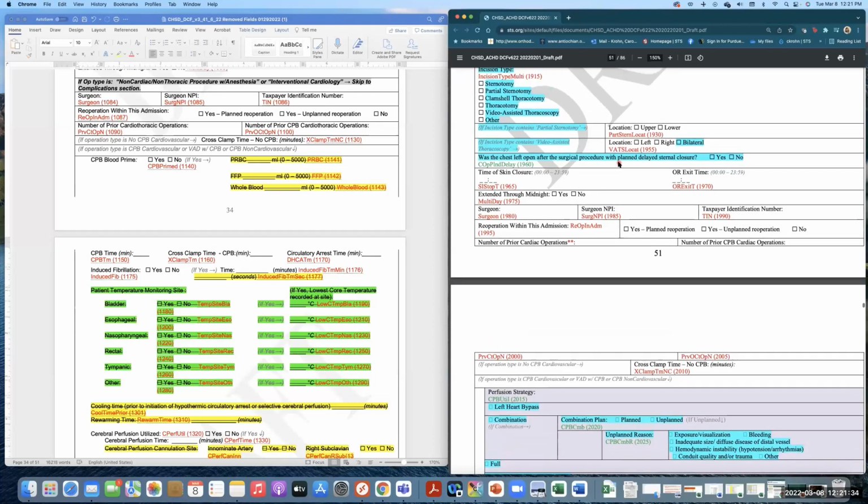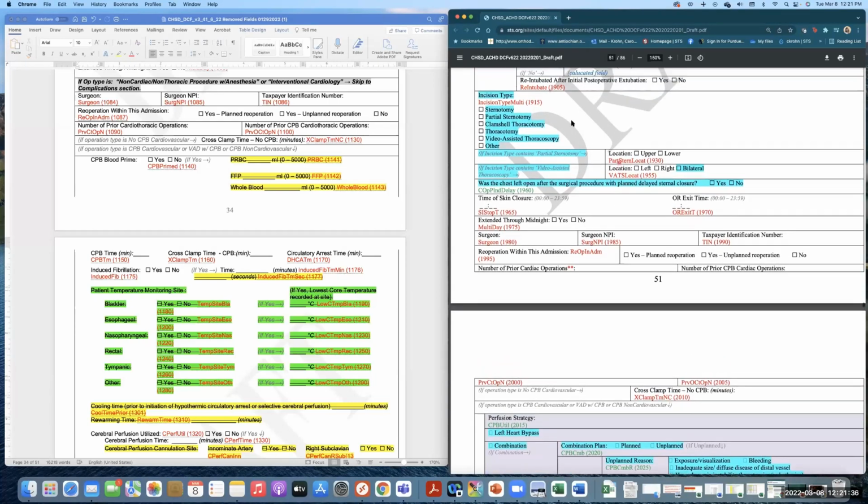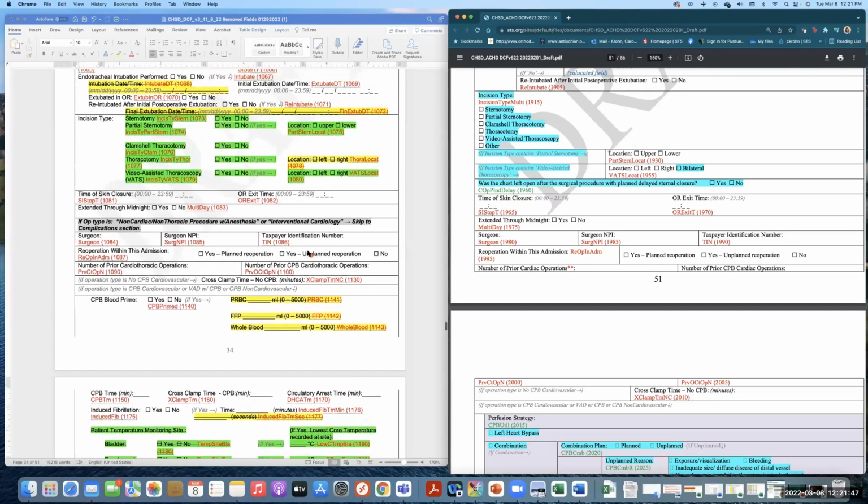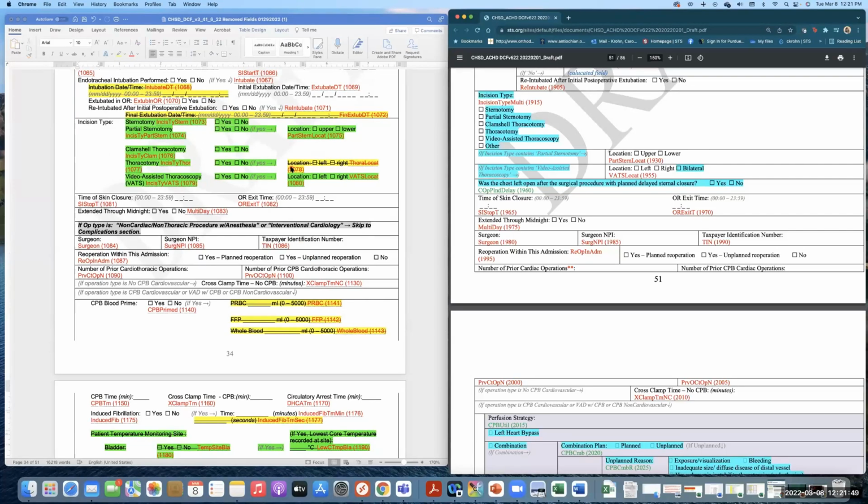Okay, and then the next couple of questions are related to the incision type, the video-assisted thoracoscopy, and collecting the location. We had some discussion about this, and Chastity, I'll let you explain why we removed the location just for thoracotomies. We are still collecting the locations for video-assisted thoracoscopy. Oh, I see. I apologize. I should put my glasses on so I can see the small font.